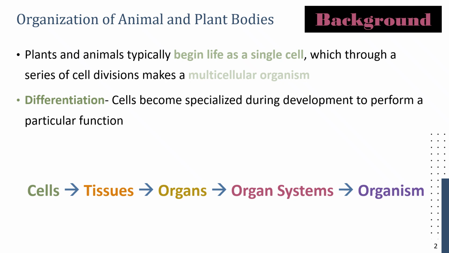So plants and animals all start out as a single cell, and then they go through multiple divisions to produce the multicellular organism. As they grow and develop, their cells go through differentiation, which is where certain cells become specialized. This is very, very early on in embryonic development, whether that's a plant or animal embryo.